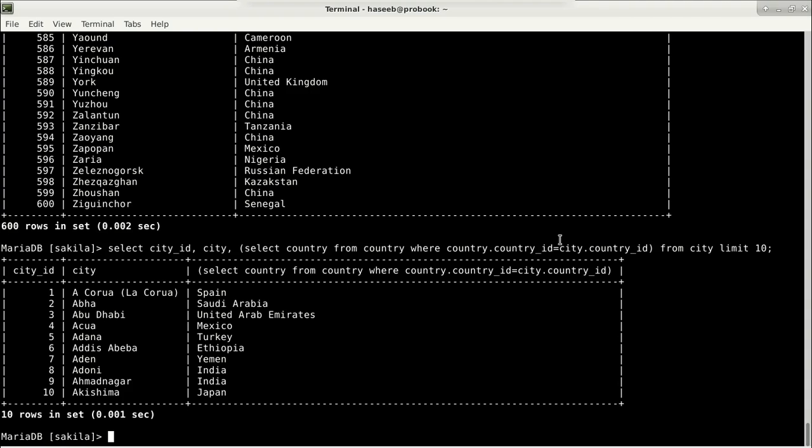The strength or beauty of a subquery is it can be written in the field list in the select clause, it can be written inside in replacement of a table name in the from clause, or it can also be written in the where clause. So a subquery can be written in a select clause or a from clause or a where clause.